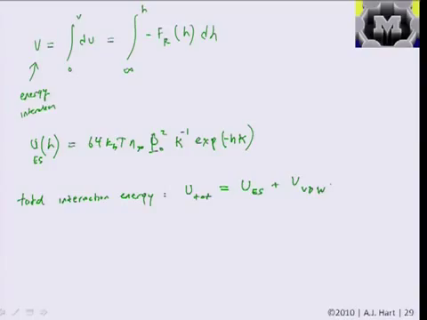And we can look at an equilibrium as where the first derivative of the total interaction energy as a function of d or h, depending on what parameter we're using for the separation, is equal to 0.